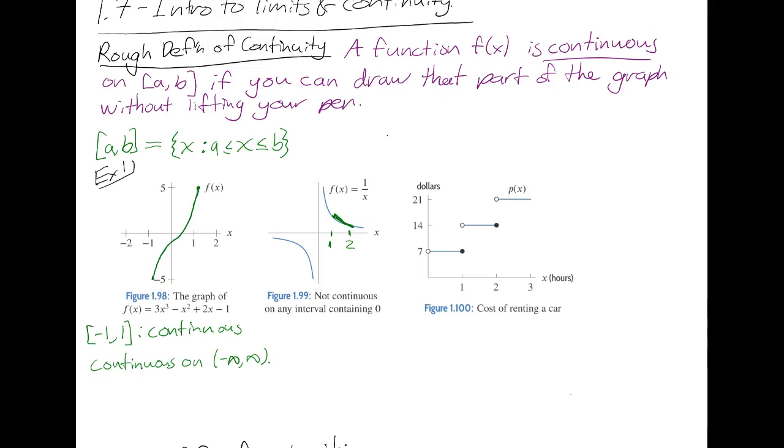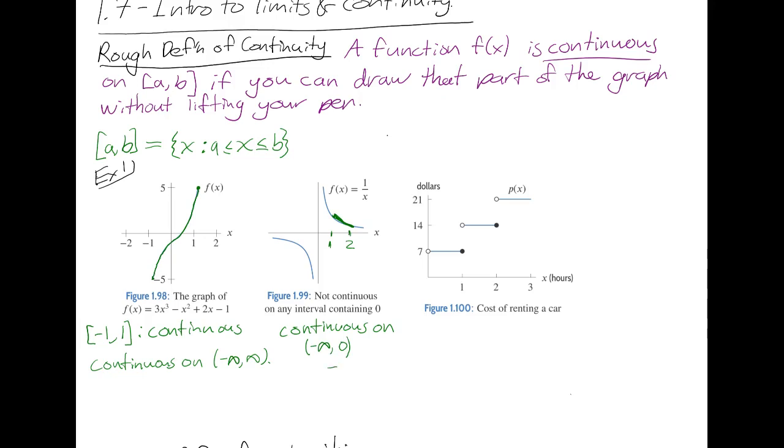You can draw that part of the graph. You could also say it's continuous on the interval, here's a big interval it's continuous on, -infinity all the way up to 0, but not including 0.